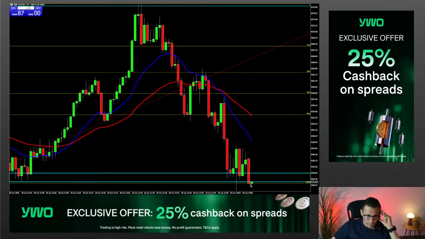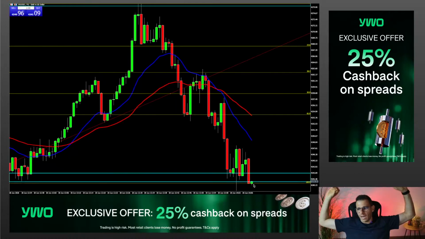Okay, the price is testing this support again. There are some things about demand zones, and I will tell them to you right now.